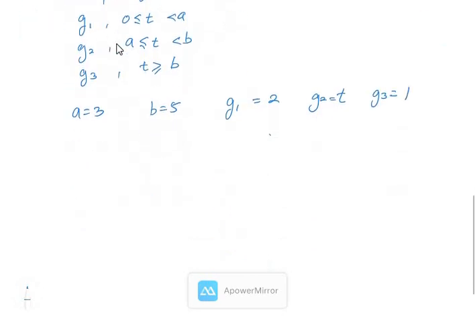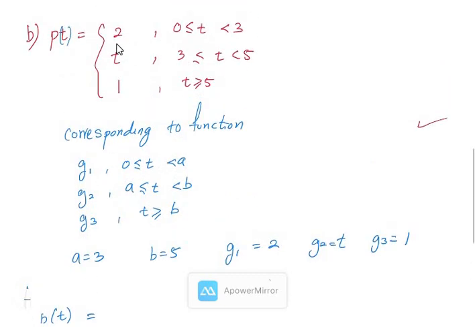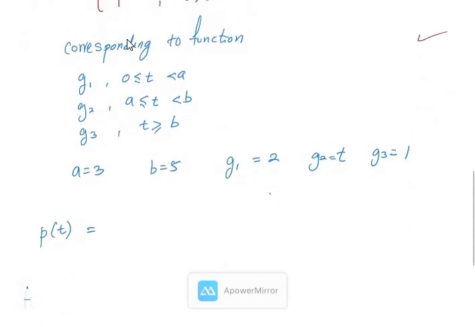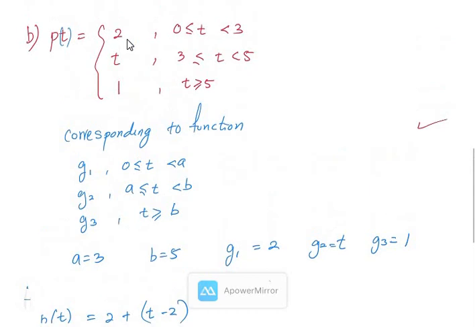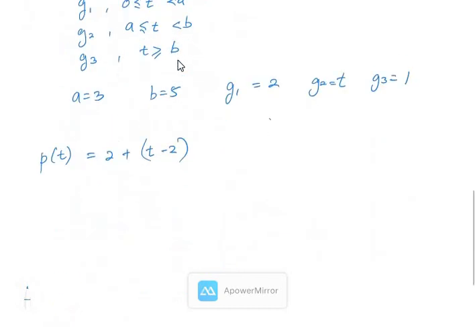Now we can write the unit step function. p(t) is equal to 2 plus (t minus 2) multiplied with the unit step function t minus 3, starting from 3.